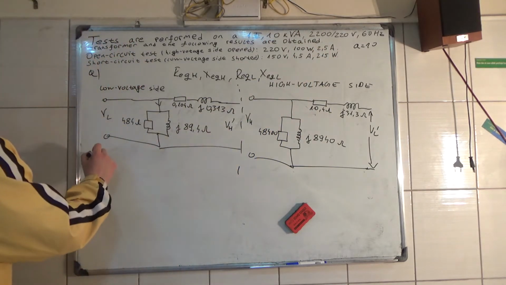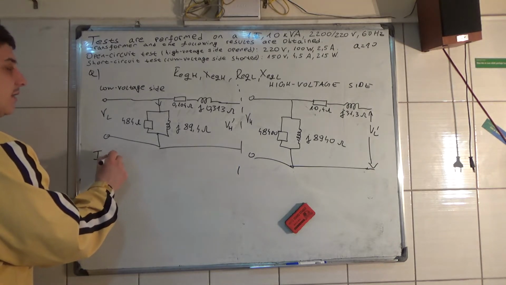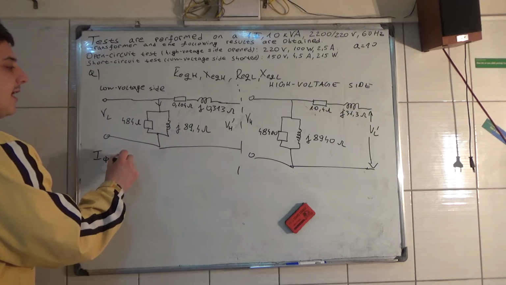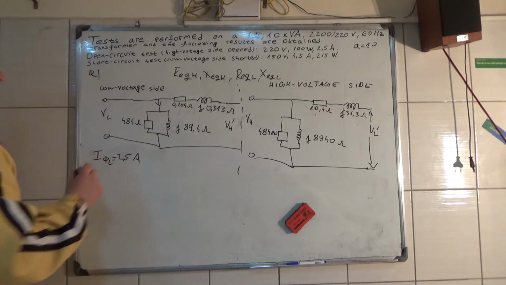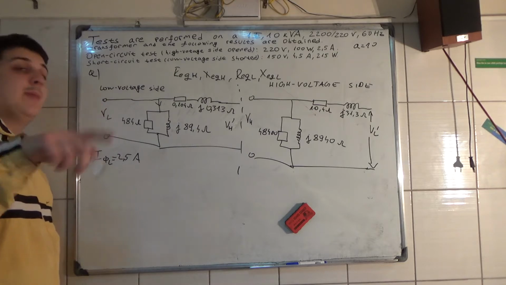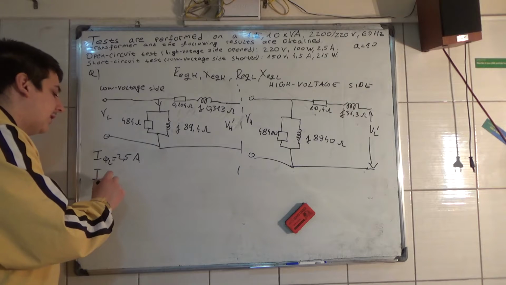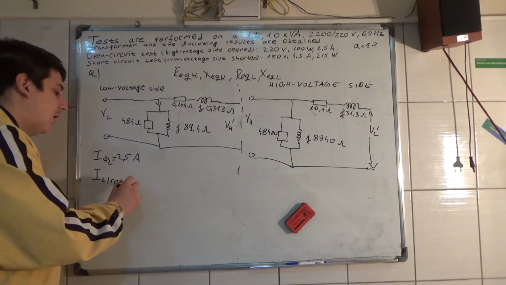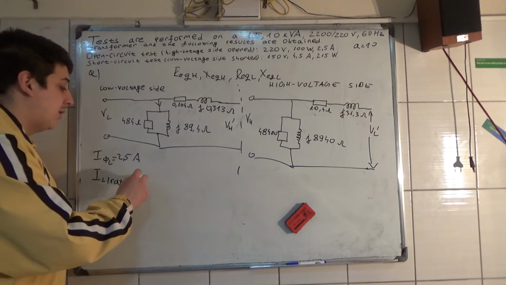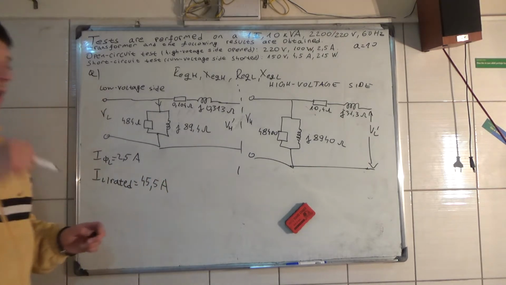So the exciting current is 2.5 amperes, but from the low voltage side. And if you remember earlier, the rated value of the low voltage side was 45.5 amperes.